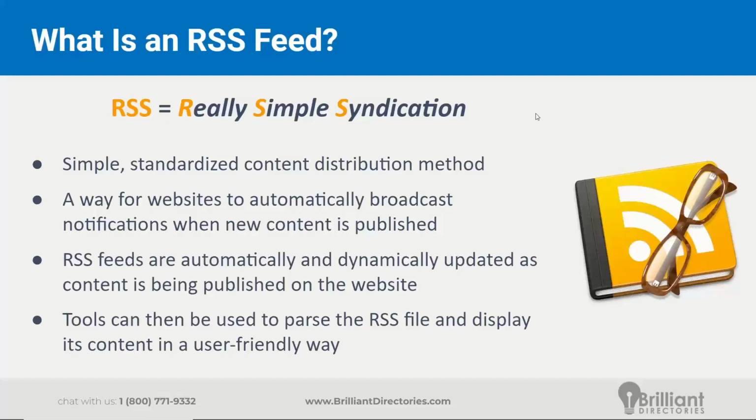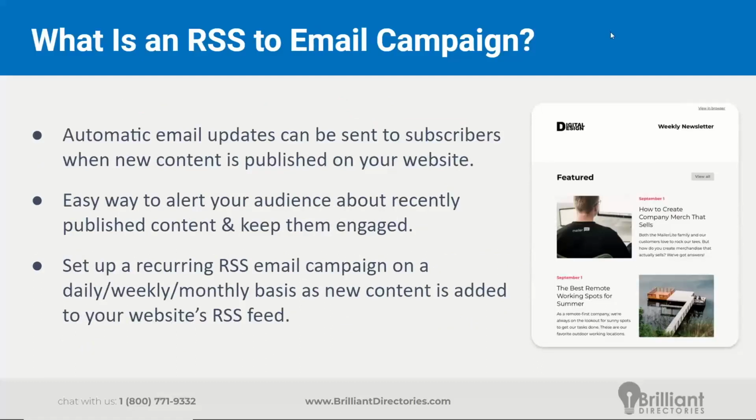In this case, we're going to be using an email marketing platform to grab that RSS feed from our website and then parse through the data so that we can show the newly published posts in a really clean format within the newsletter and then send that out to our members and our newsletter subscribers.